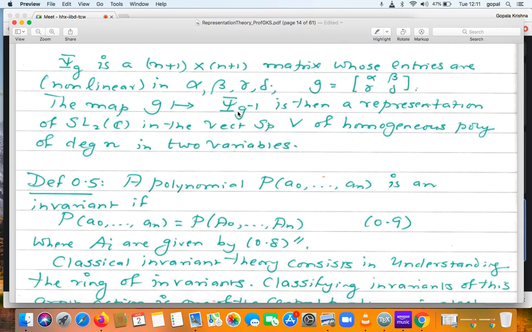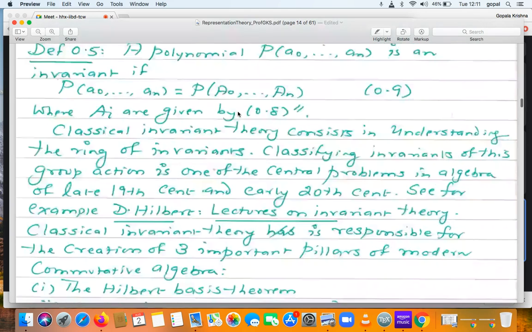Now, instead of taking all elements of the group, observe that SL2C is a three-dimensional complex Lie group, and the tangent space is three-dimensional. So you can take three linearly independent tangent vectors, and you can get the one-parameter groups generated by these. So that is the idea.